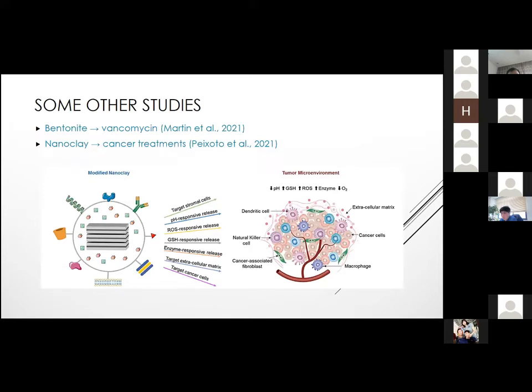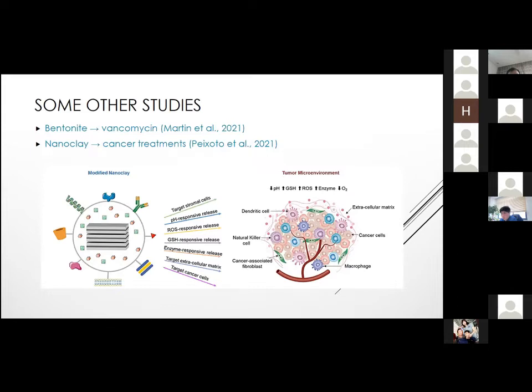Okay, so besides compositing the nano clay with natural polymers, in some of the recent studies, we can also see the more advanced combination of the nano clay, of course, for biomedical application purposes.